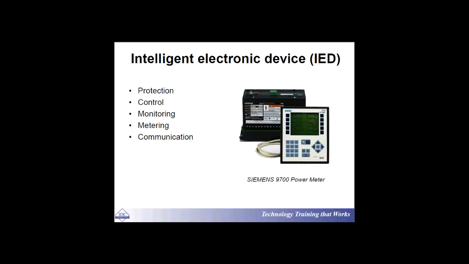But the beauty is that they are all compacted in one place. In other words, these IEDs are multifunctional. These days, a protection relay is also a meter. It is also a means of communication. It is also a monitoring device. It is also a control gear, all in one place.